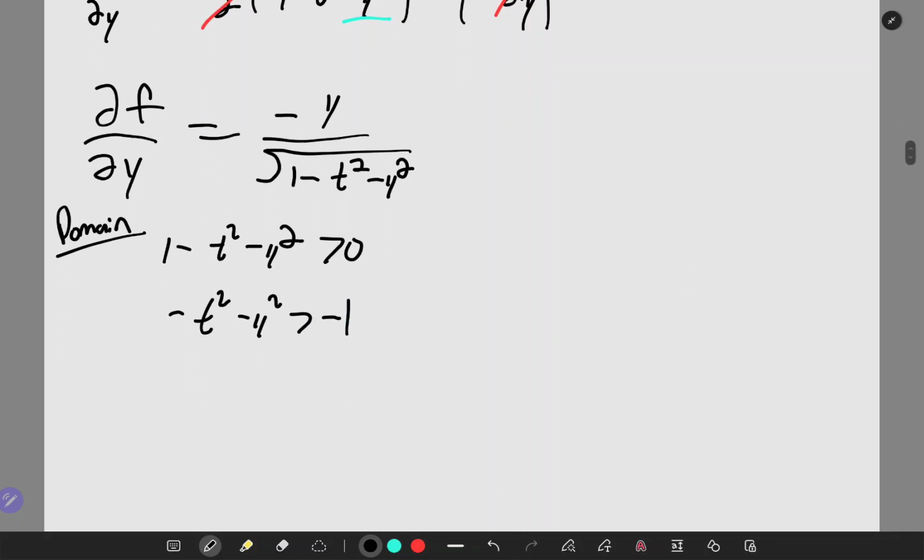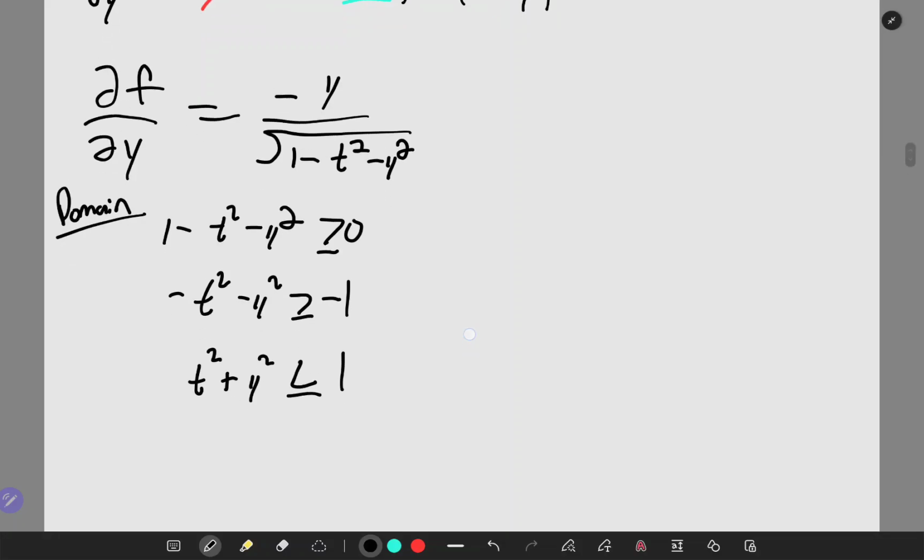Now divide by a negative. The inequality flips, and we're left with t squared plus y squared is less than or equal to 1. Sorry, this should be greater than or equal to, for square roots.